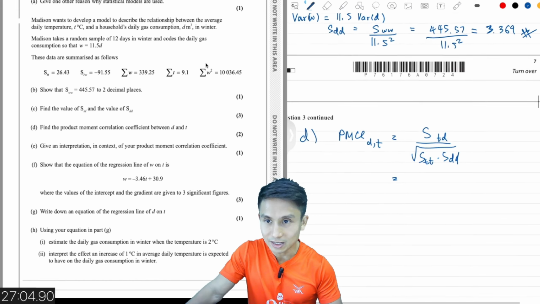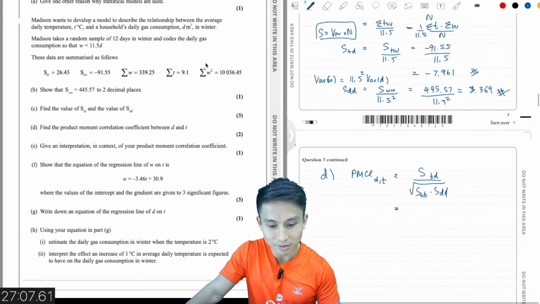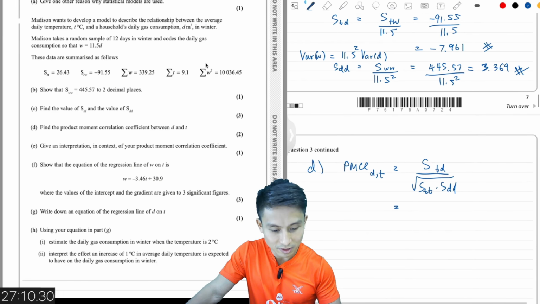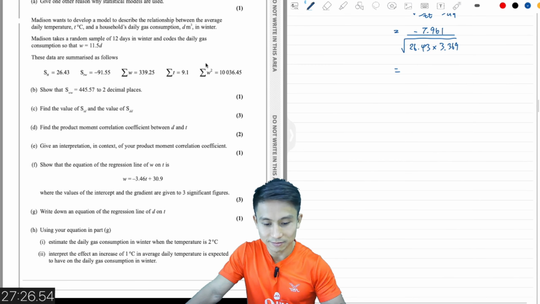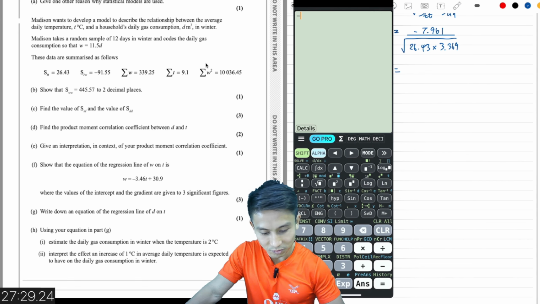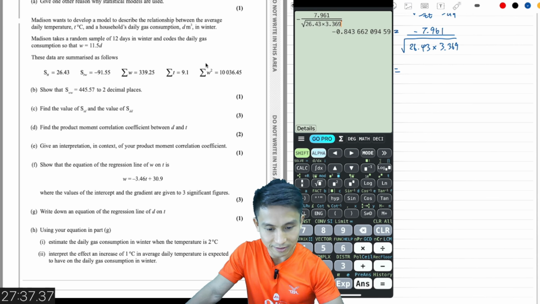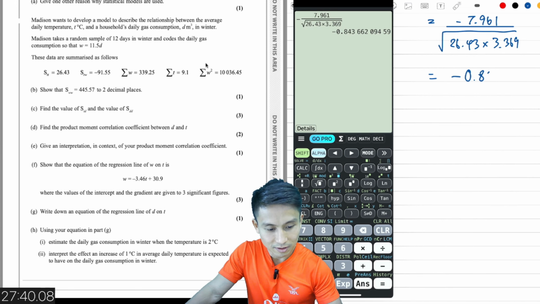So STD was found earlier, in part C. STD was minus 7.961 divided by square root of STT, 26.43, times SDD, which we got to be 3.369. Hopefully it's some sensible value there. Yep, makes sense. I'm just going to keep it as 3 significant figures here.